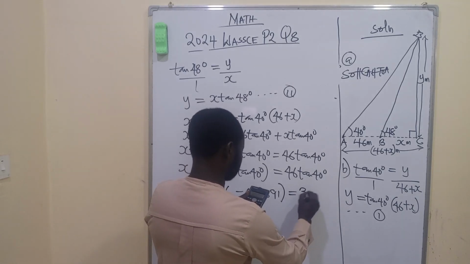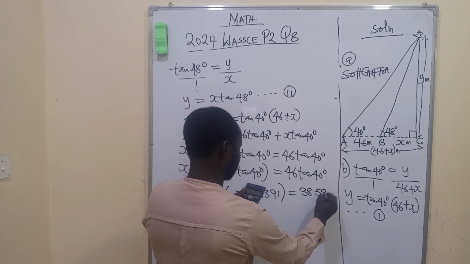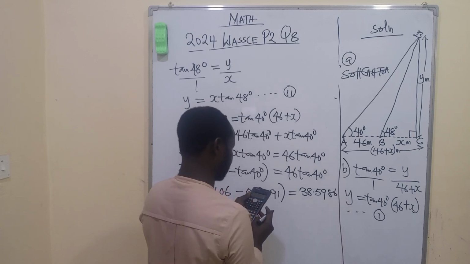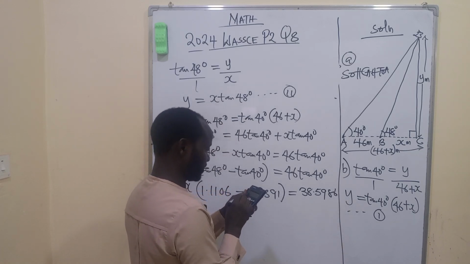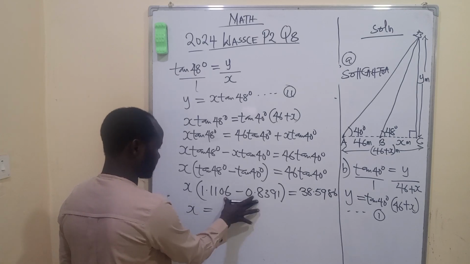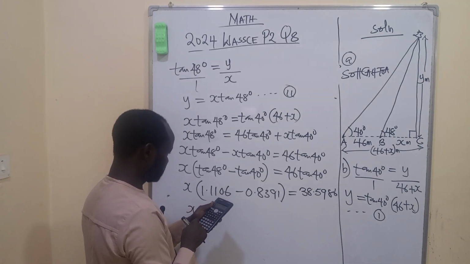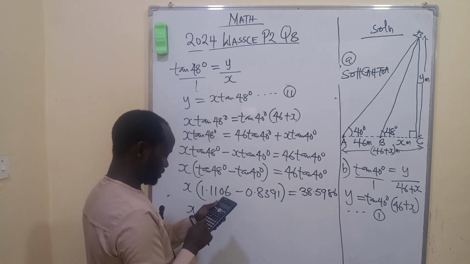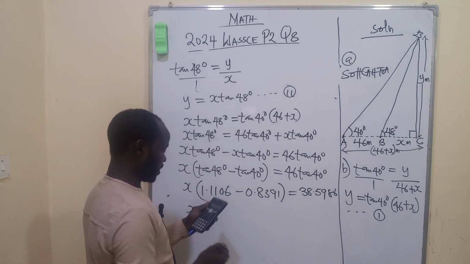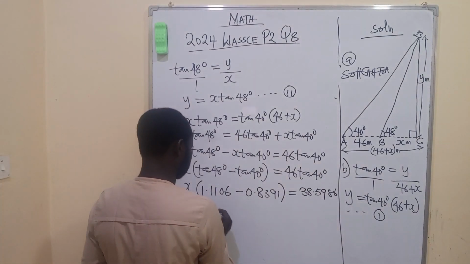That will be 38.5986. Okay, x now will be equal to, let's subtract this, 1.1106 minus 0.8391. We'll have 0.2715. So we can divide both sides by that.